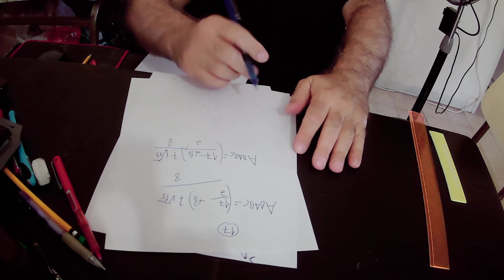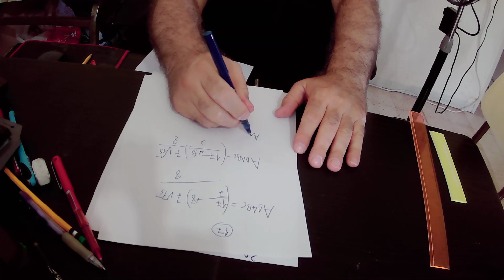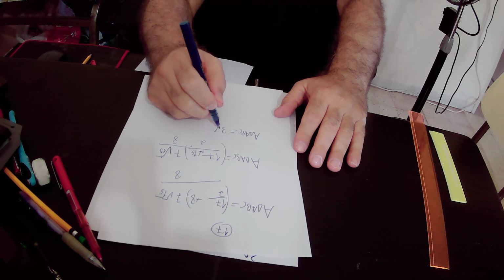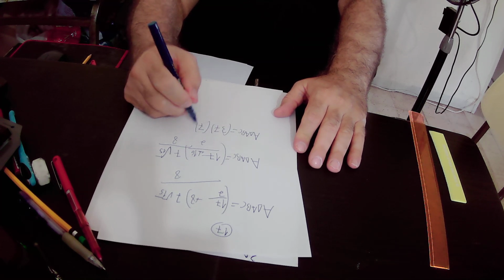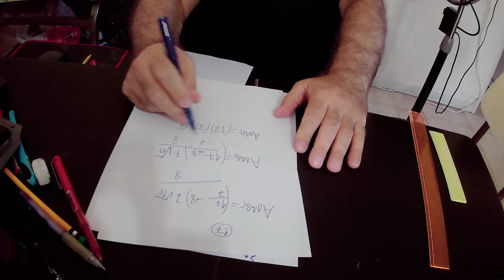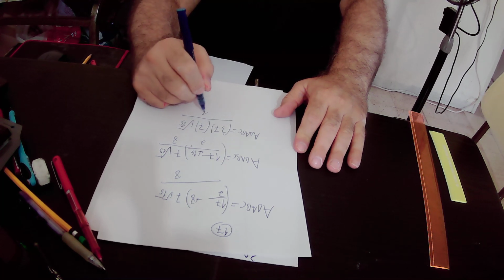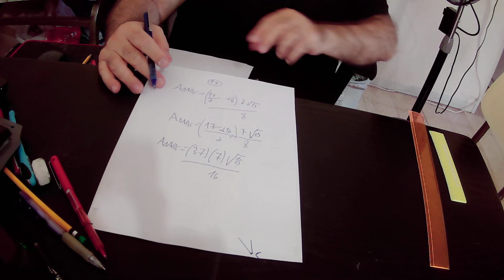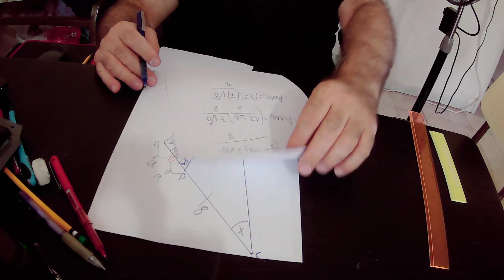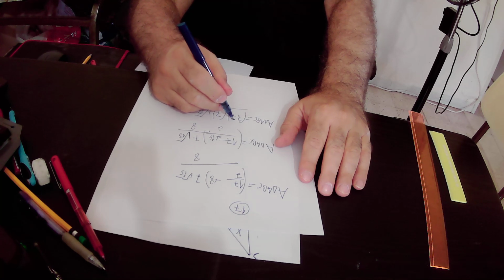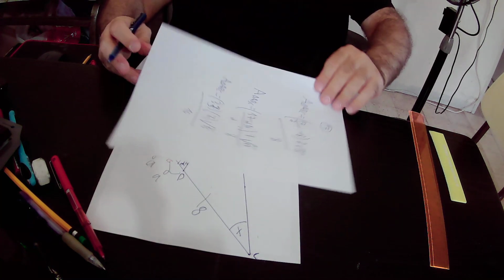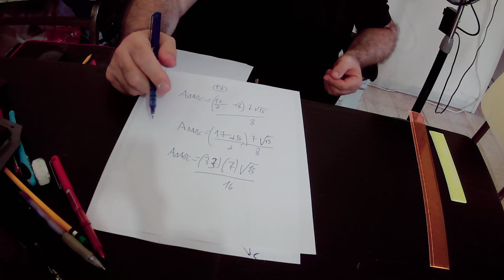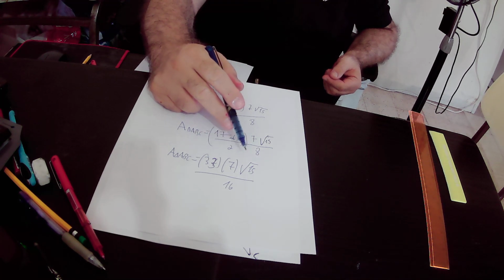The area of triangle ABC equals 33 times 7 times root 15 over 16.